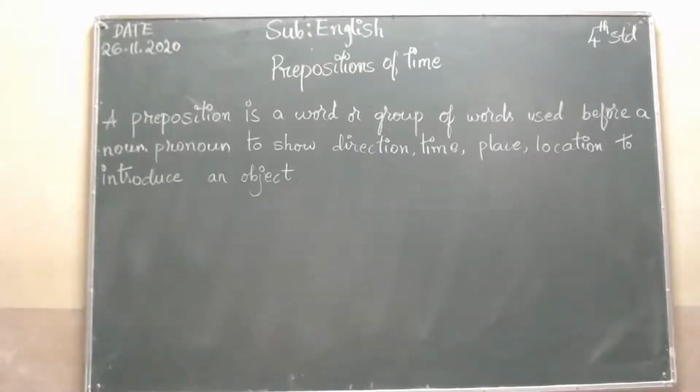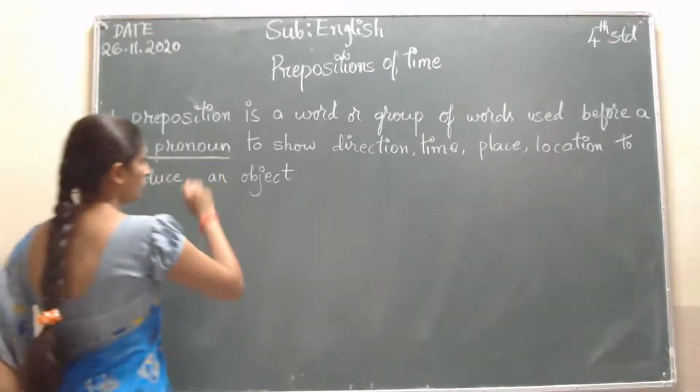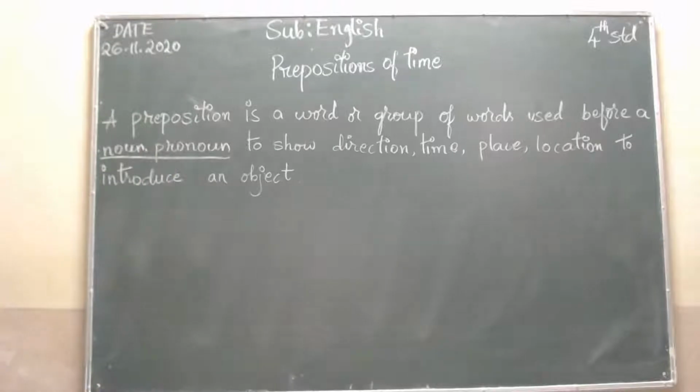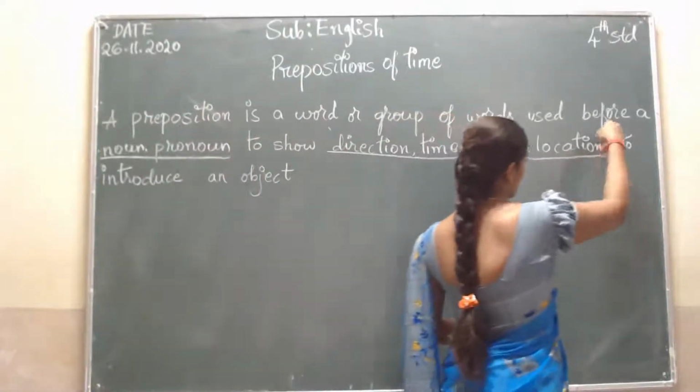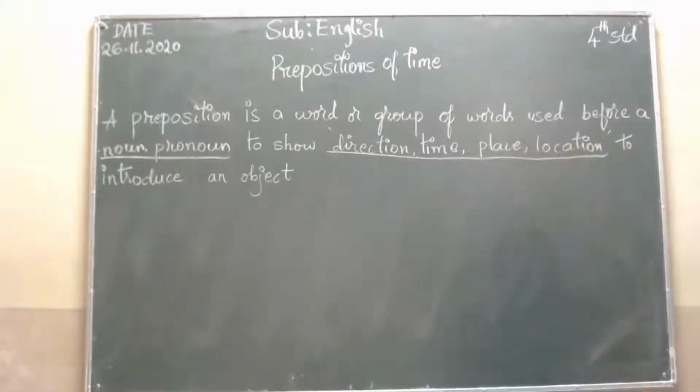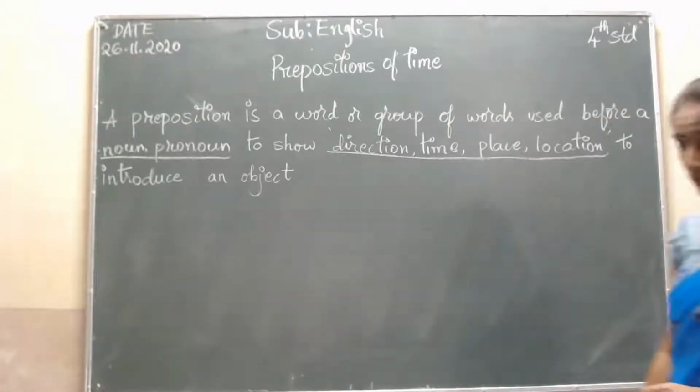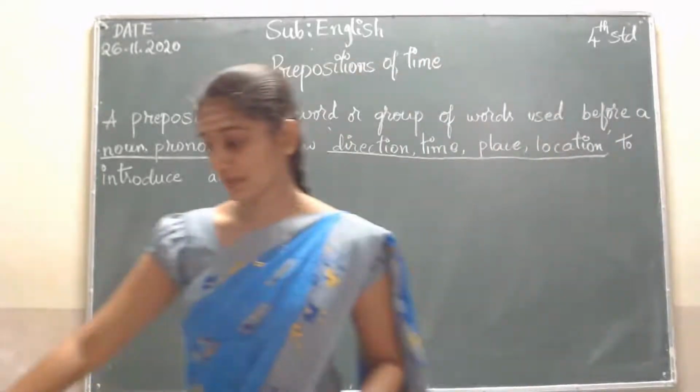A preposition is a word or group of words which is used before a noun or pronoun just to show the direction, time, place, location, to introduce an object, or in other words, a preposition will tell the position of a noun or pronoun in a sentence.